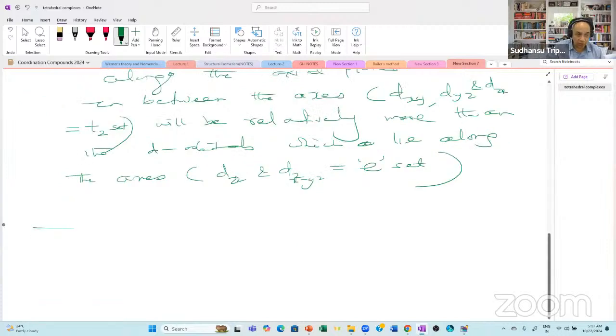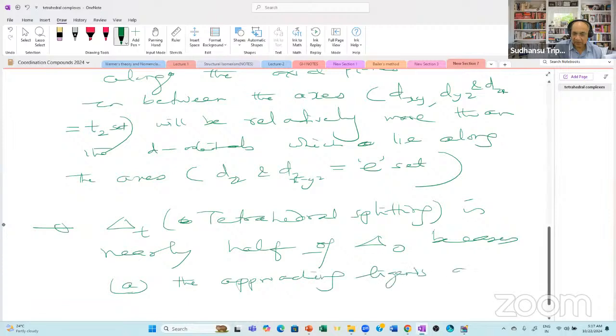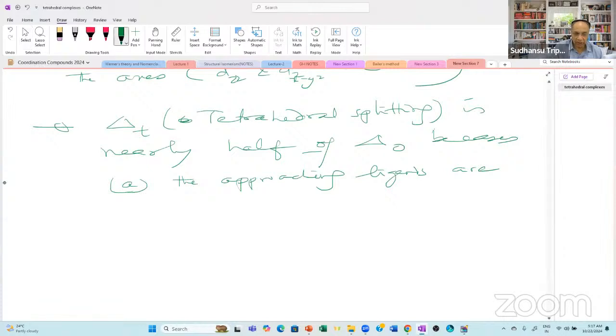That is why, and moreover, the delta T, the tetrahedral splitting, is nearly half of del O because, A, the approaching ligands are not exactly in the direction of T2 set.